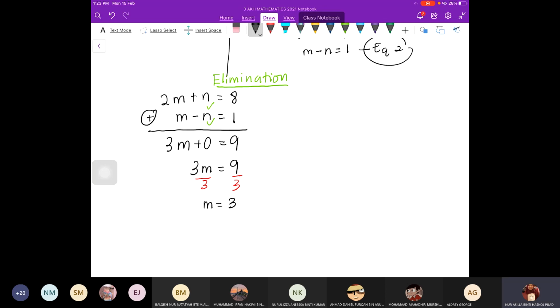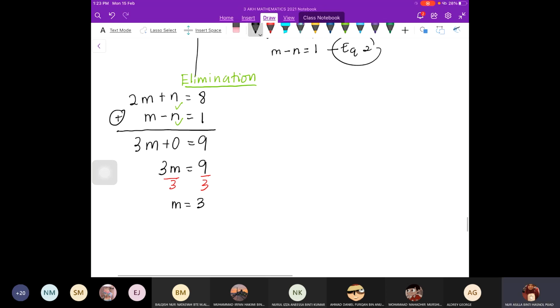Tak habis lagi. And then I take equation ni. So m minus n equals to 1. Tak kisahlah kan atas atau bawah. The first equation or the second equation, any equation. Cuma equation yang kedua tu lebih senang. So substitute masuk. 3 minus n equals to 1.